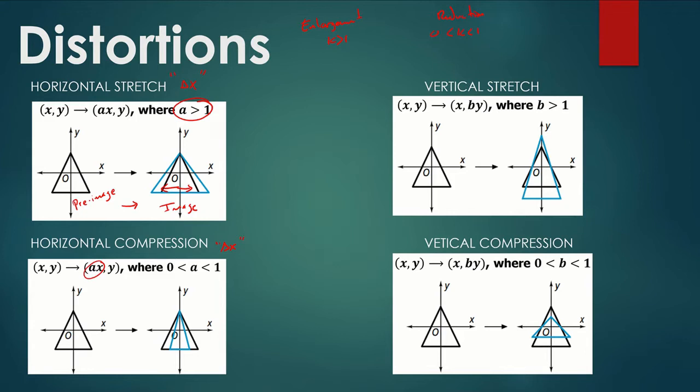We have a horizontal compression when your a value, or the scale factor, is between 0 and 1. Same with the y: we have a vertical stretch when your scale factor is greater than 1, and a vertical compression when the scale factor is between 0 and 1, because we're only doing something to the y.